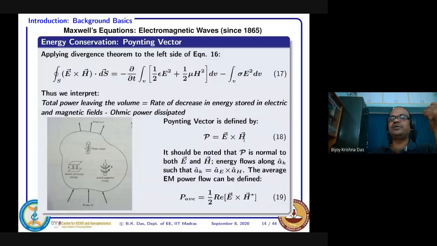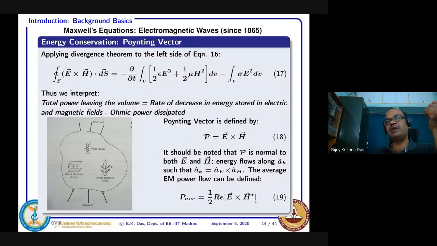So if you want to take an average value, you take cos omega t with its vector direction and take the cross product with the H field, also real part, then you get the average value without any problem. But whenever you are using the complex form, then for the average energy you have to consider half of the real part of E cross H star.